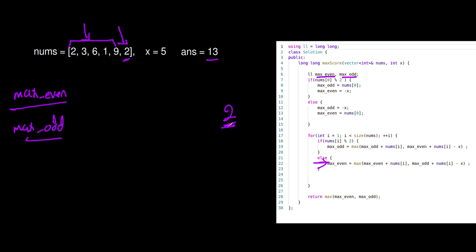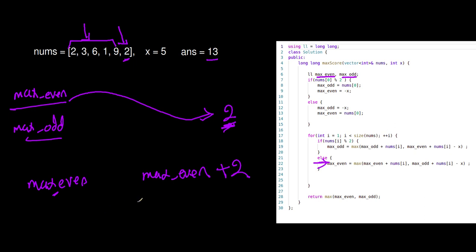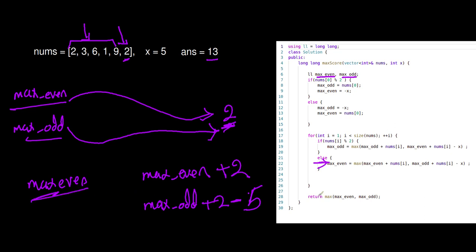Because this is even, moving from even to even will not cost anything, so the new max even will be the previous max even plus the current value 2, or we can go from the max odd to the current value with the cost of x, which is 5. So the max even will be the maximum of these two values.